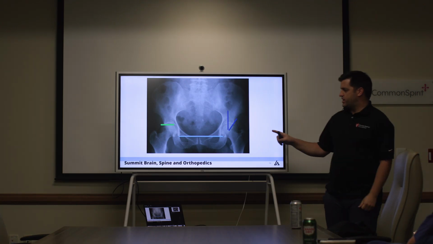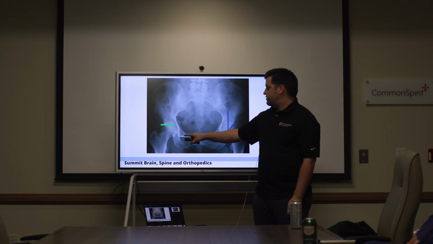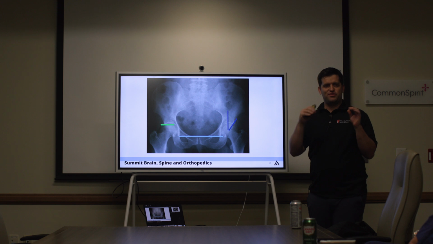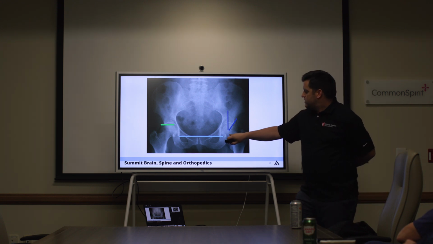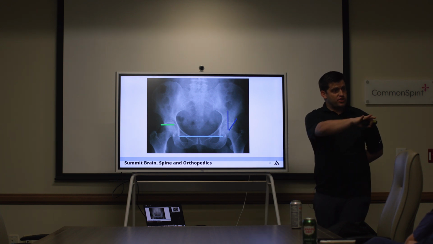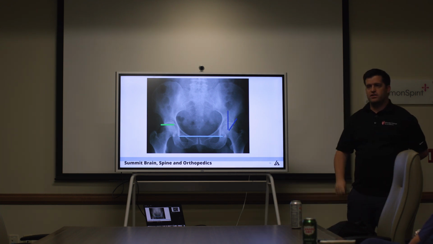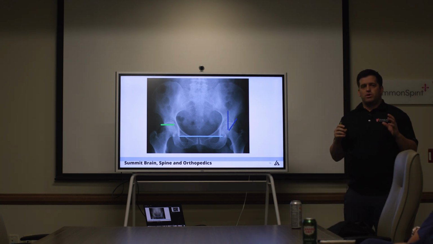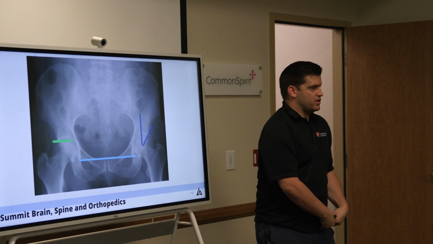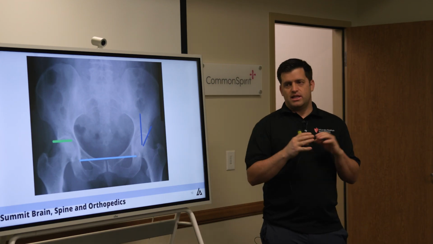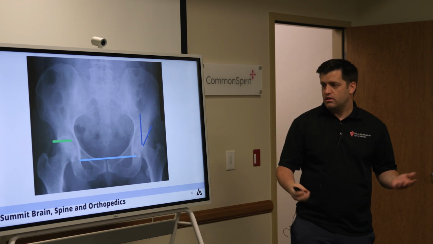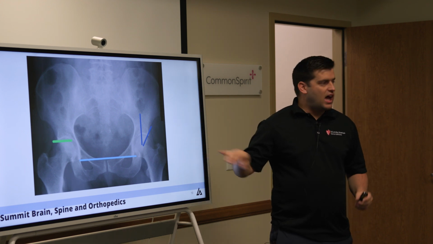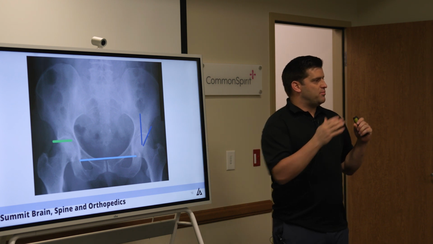Yeah, good. They have a feature now where you can draw a line and then they convert it to a straight line, so it looks like I drew a straight line. I did not. When you're measuring inclination or center edge, especially if we're thinking about hip pathology like FAI or a labrum tear, which is where this is going, you have to have a reference point based off the pelvis.